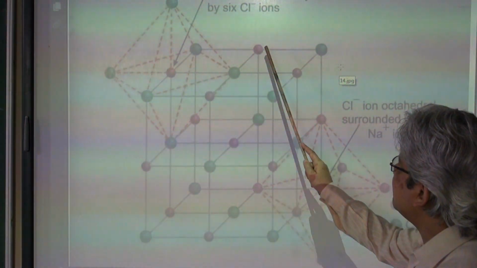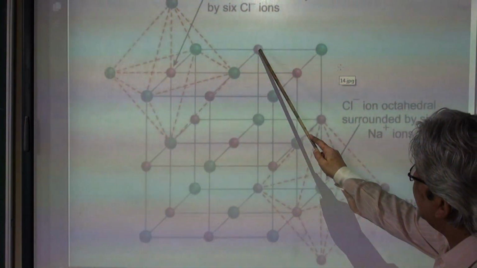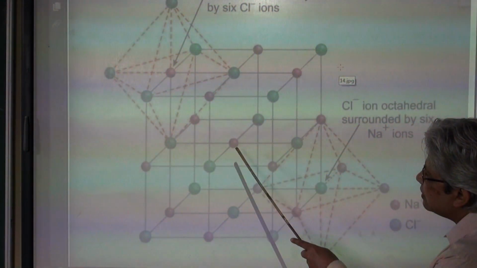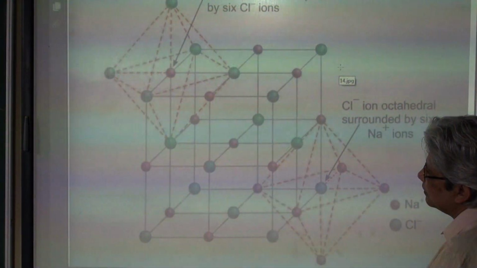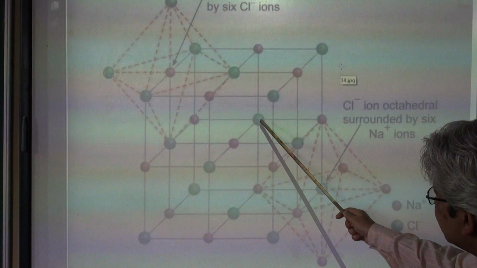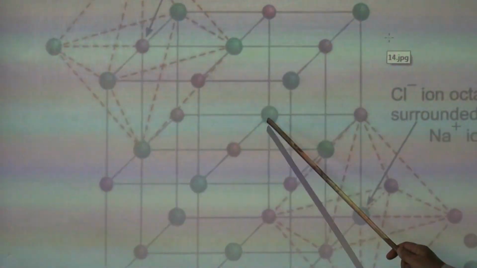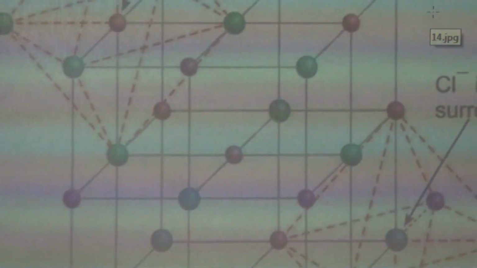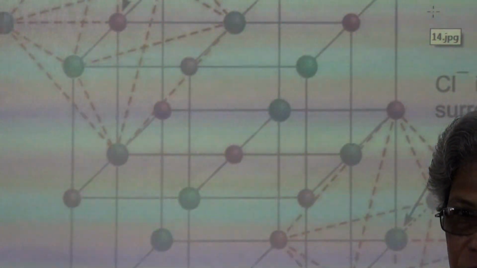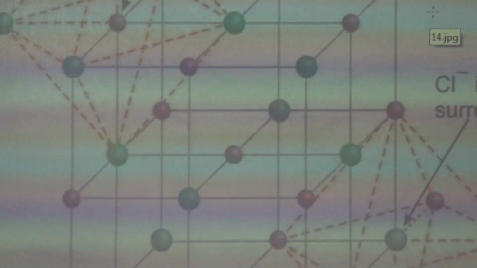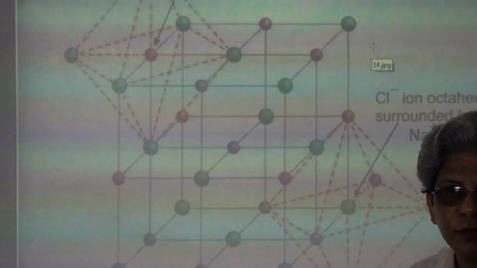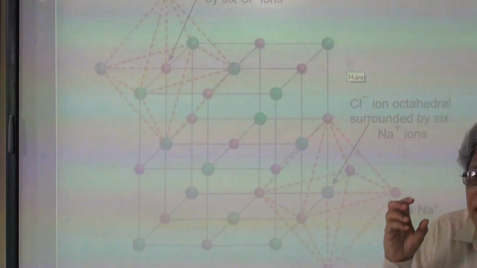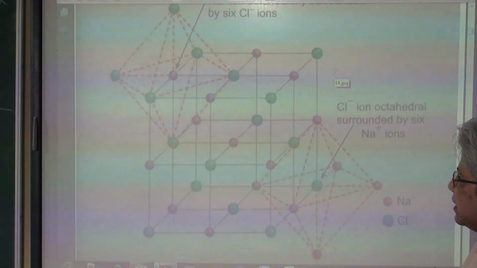Now look at the sodium ions, those red dots. Red dots are present at the edges. Please look at this particular red dot. You can see this edge is actually shared by 1, 2, 3, 4 cubes. So each edge is shared by 4 cubes. So any particle present at the edge contributes 1/4 of it for that unit cell.